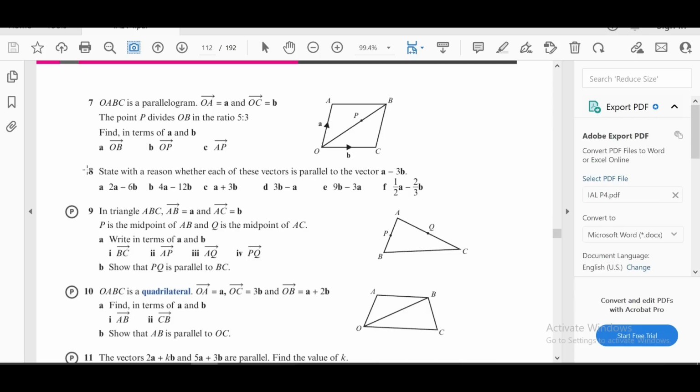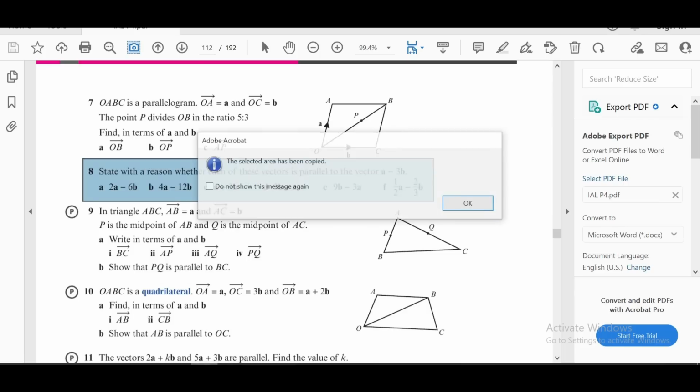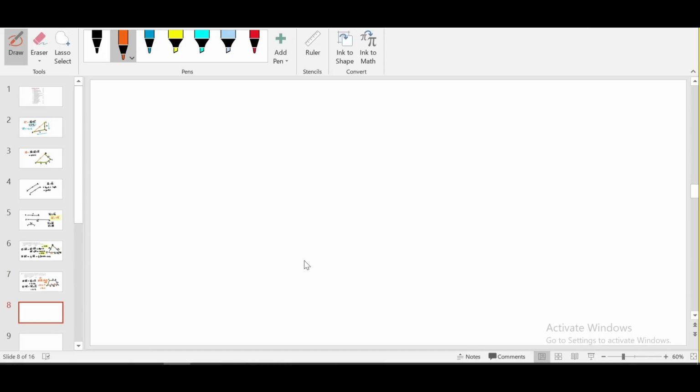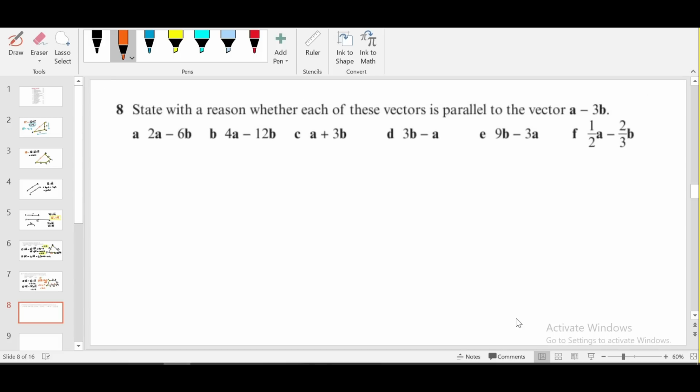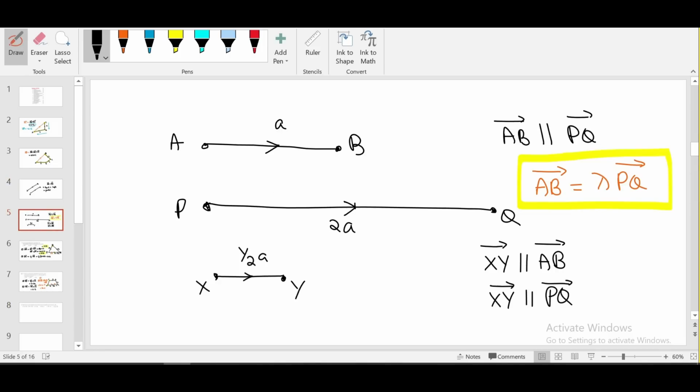Okay, let's talk about parallel vectors now. The same exercise, question number 8. State with the reason whether each of these vectors is parallel to A minus 3B. What is the condition for parallel vectors we learned? One vector should be a scalar multiple of the other one, right?